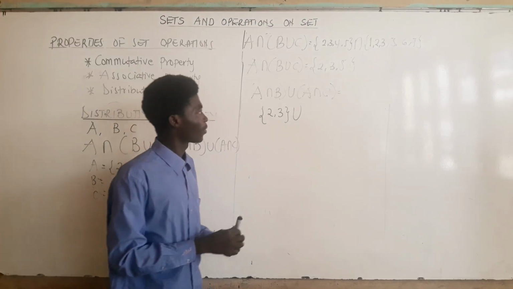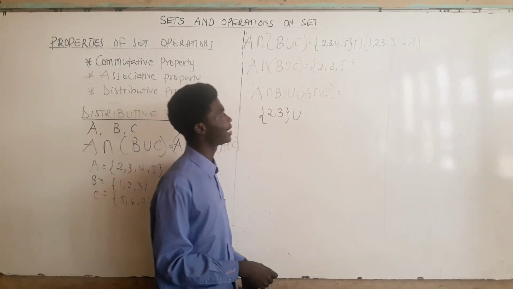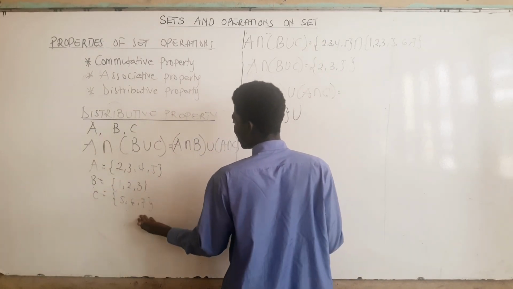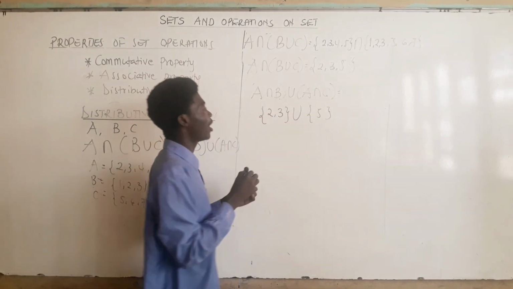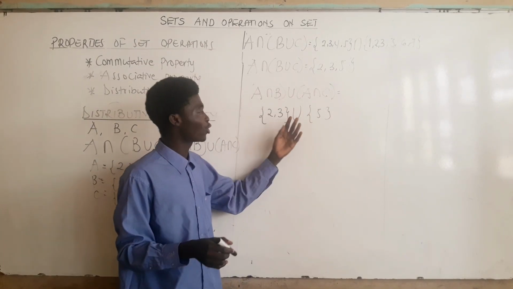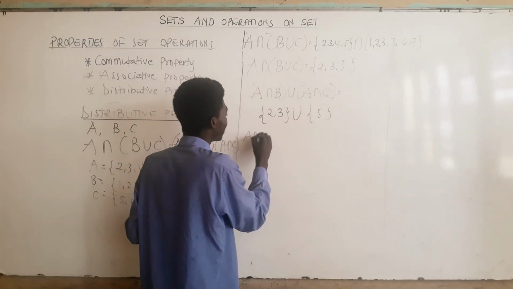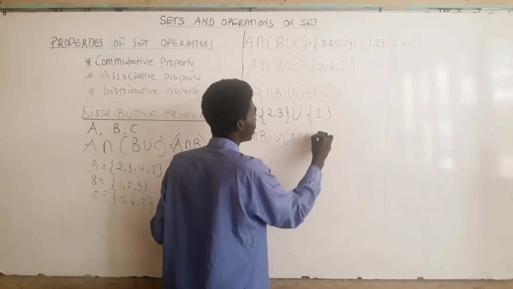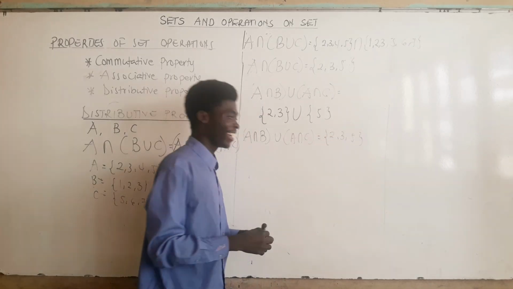And now what is the intersection of A and then C? From this we can see the answer is 5. So now we bring this together because of the operation union here. So A intersection B union A intersection C is going to be 2, 3, and then 5.